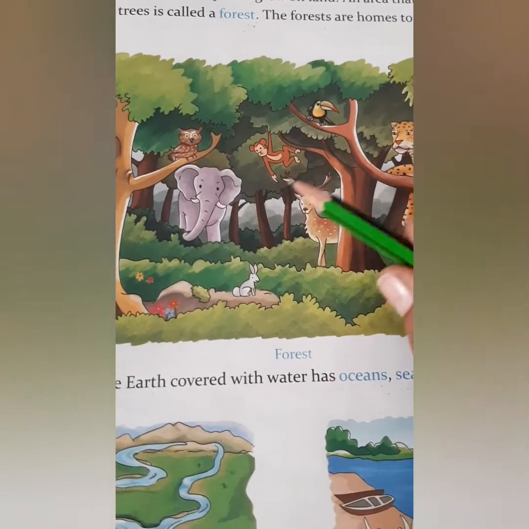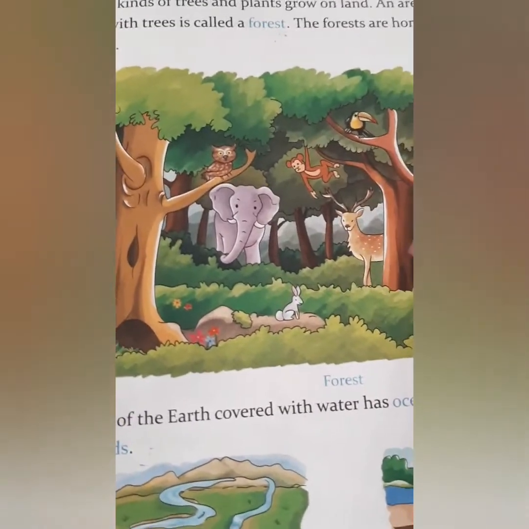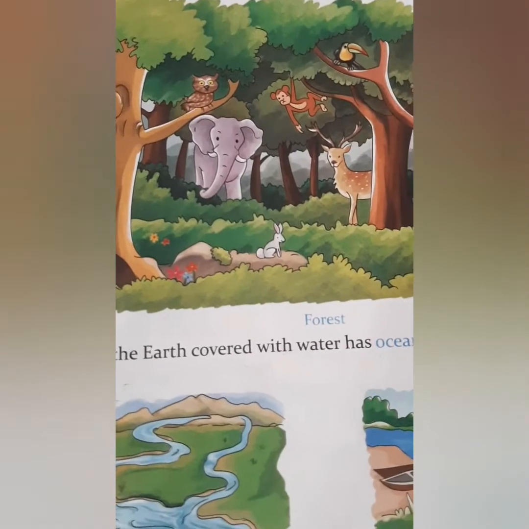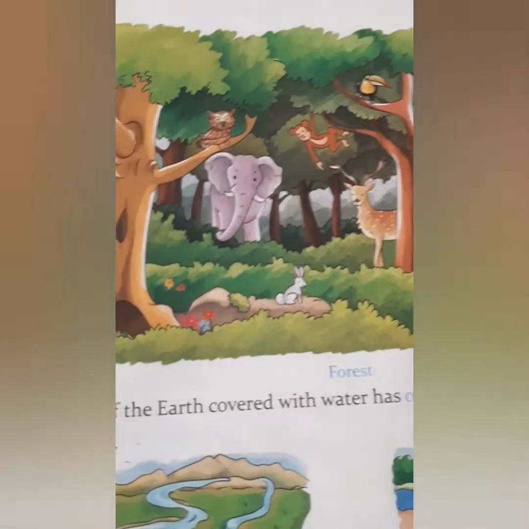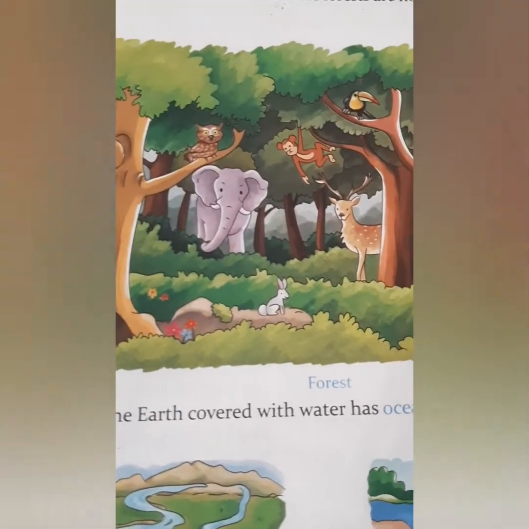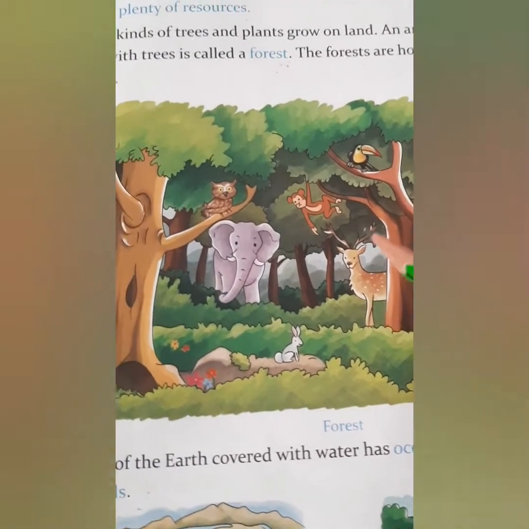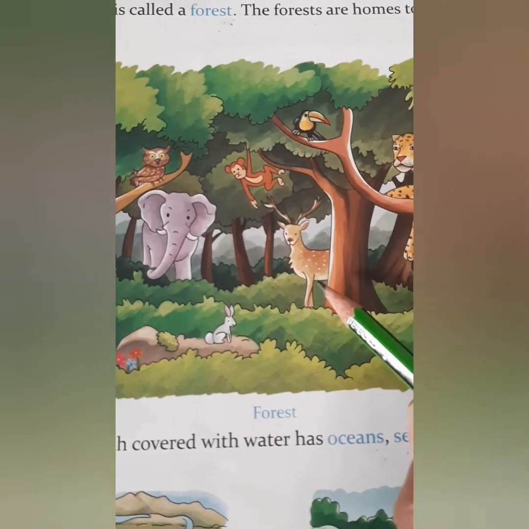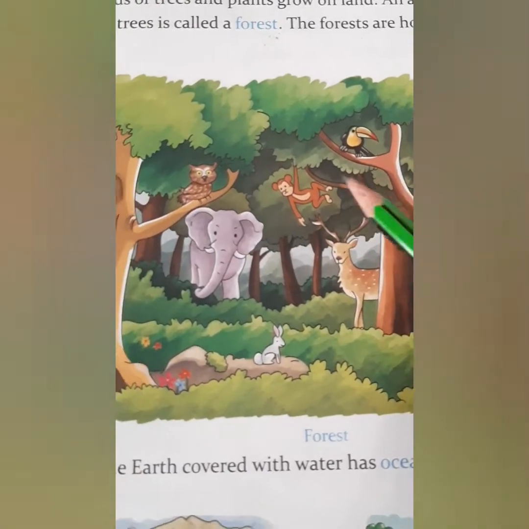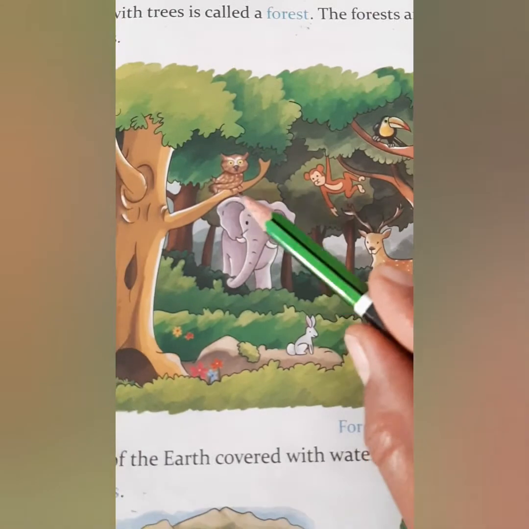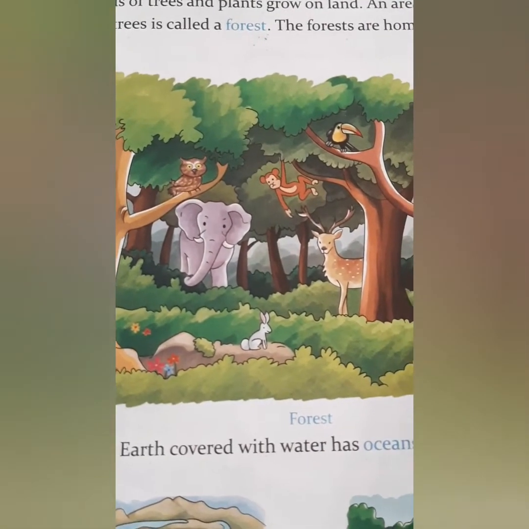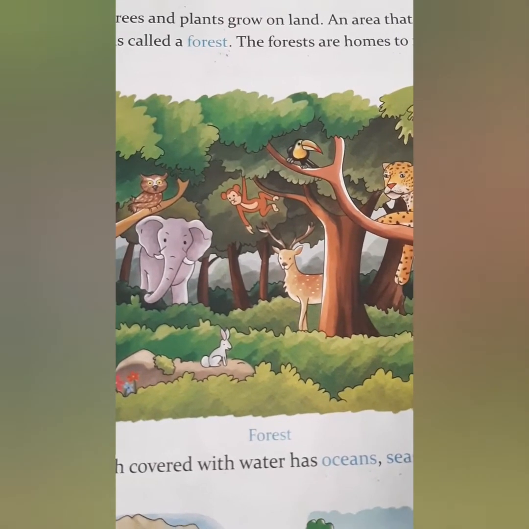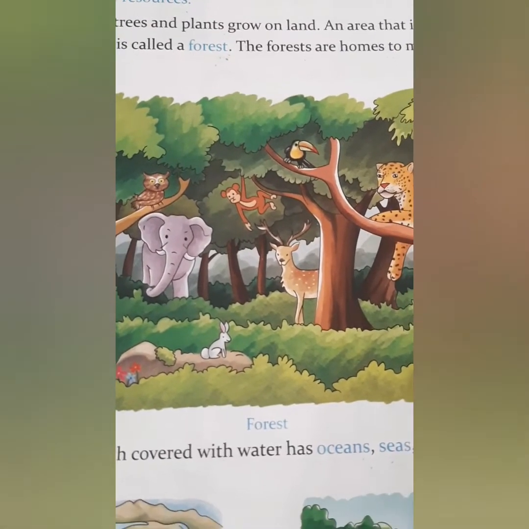So children, we can see different types of trees and plants in the forest, and it is the place where different types of animals and birds live. You can see in this picture there's elephant, deer, monkey, crow, owl, rabbit. So different types of animals and birds live in the forest. It is their home. Okay.